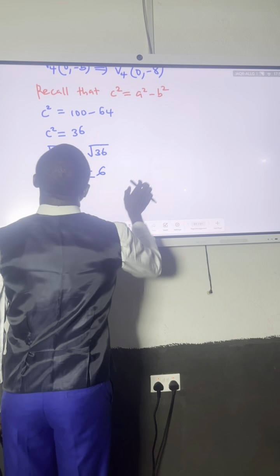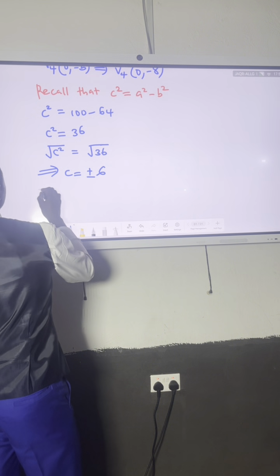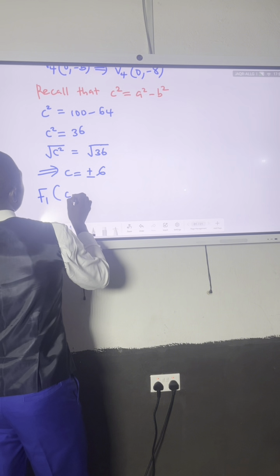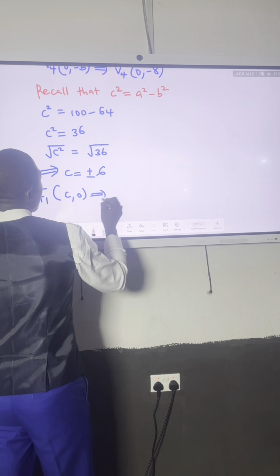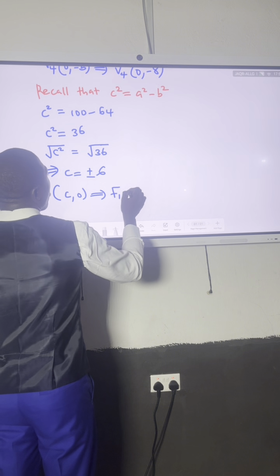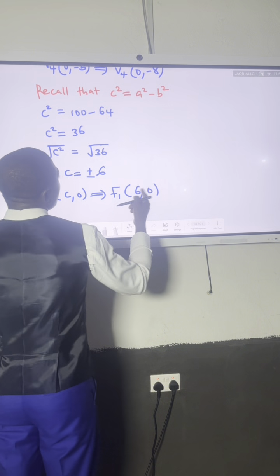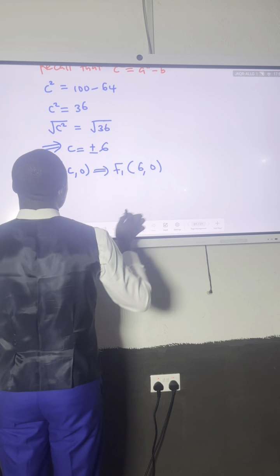Now, that means that the 2 foci of the ellipse, F1, represented by c, 0, will now become F1, and then replace the first value of c, you have 6, 0.